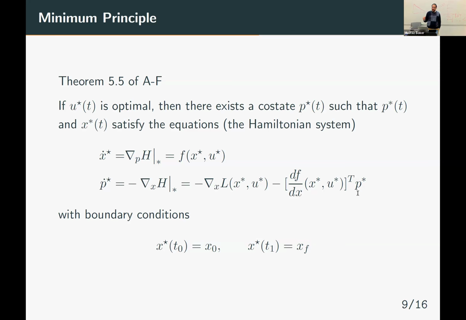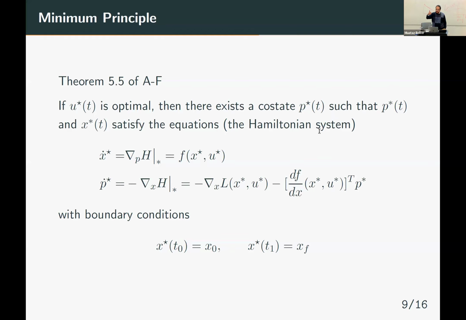Now, there is another thing that is different from the variational approach here, which is the boundary conditions. We need two boundary conditions because we have two differential equations. Of course, these are not scalar differential equations; each differential equation has dimension. We call these equations the Hamiltonian system.